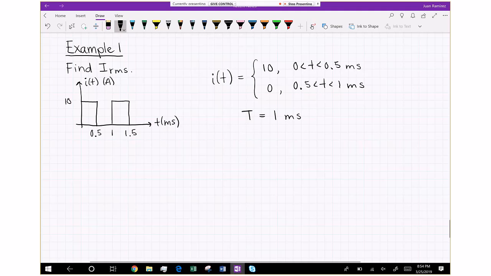Now we want to find the RMS value, so I'm going to plug what we know into that formula. That formula said 1 over T. Well, what's T? T is 1 millisecond, or 0.001.